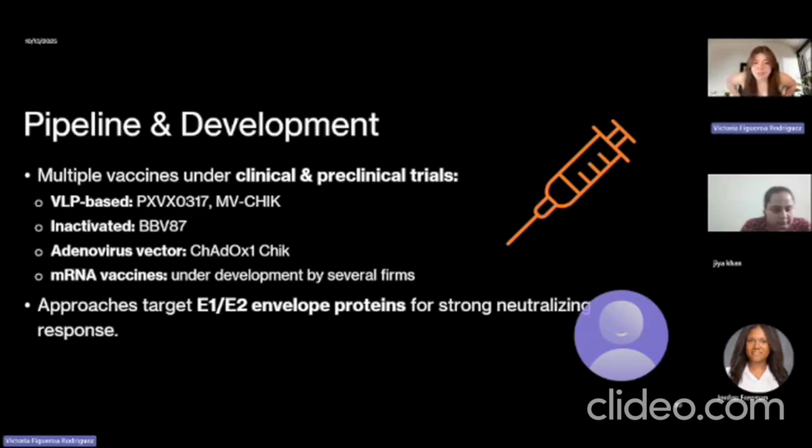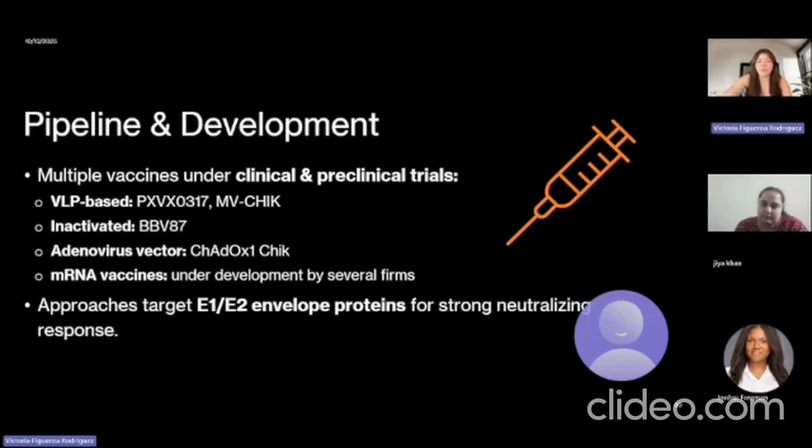So they're trying to develop other vaccines that are right now in clinical and preclinical trials. And one of them is an mRNA vaccine. We know that vaccines are moving more into mRNA or other types of technologies that do not incorporate live attenuated agents, since people as a community don't trust those that much.